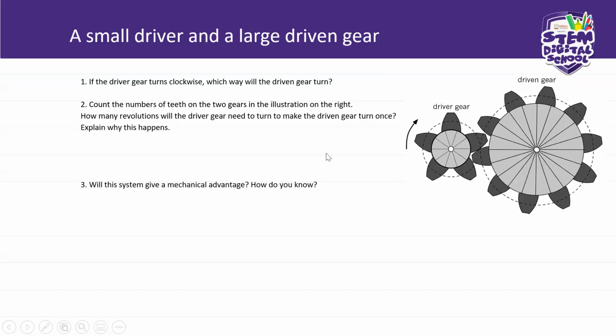Now, the question is, how many revolutions will the driver gear need to turn to make the driven gear turn once? The driver gear, in this case, is the small gear. What is important here is the revolutions. If this one is the driver, how many times must it turn to make this one turn once?